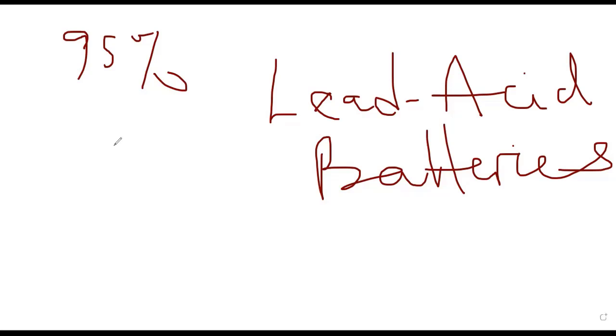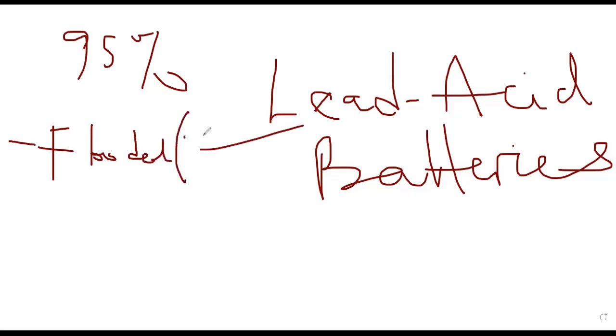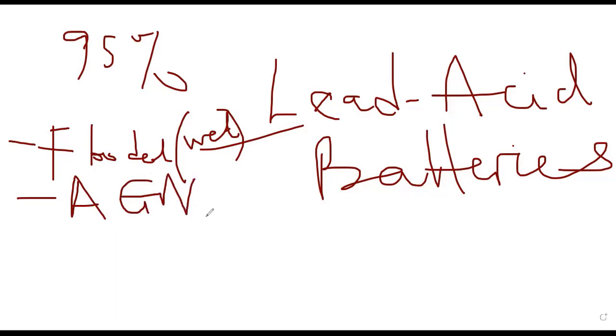For lead acid batteries, the most common ones in the Nigerian market, you have the flooded lead acid batteries. People also call them the wet cell batteries. You have the AGM, absorbed glass mat, which is a type of lead acid battery.